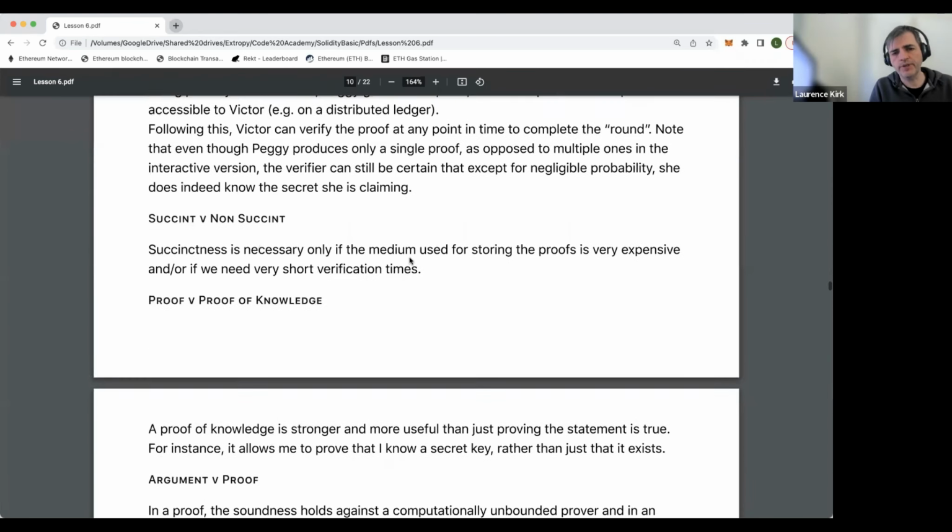The next point about SNARKs is whether they're succinct or non-succinct. As I said, when we initially had zero-knowledge proofs, they required a great deal of data, and the proof itself was so huge that it wasn't really feasible to pass around simply. You couldn't submit this to the blockchain easily. What happened when Jens Groth did his paper in 2016 was he found a way of making these things succinct. After that, the size of the proofs, and if you do this in Zokrates, you will see this, the proof is just around 250 bytes long.